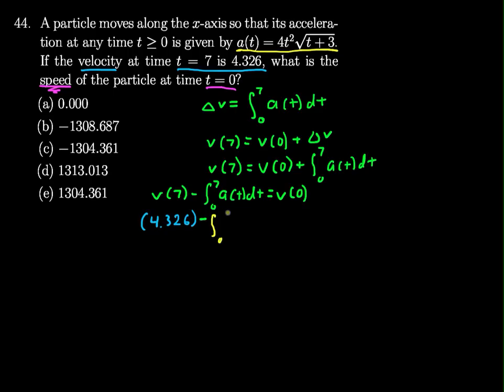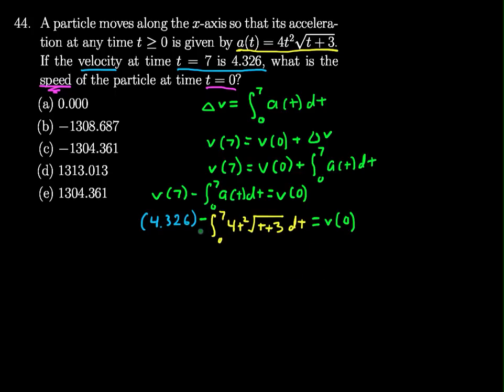So the integral from 0 to 7 of 4t squared times the square root of t plus 3 dt. And that's going to end up equaling almost what I'm looking for. It could actually be equal to it, but we're going to have to find that out at the end.